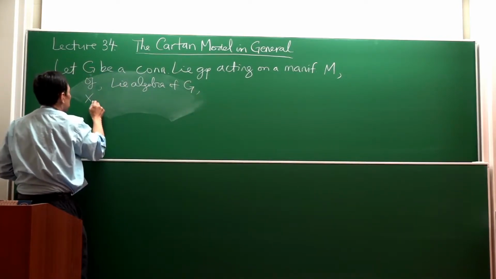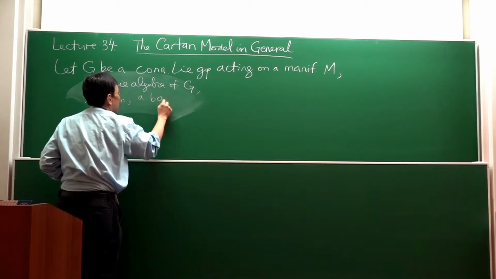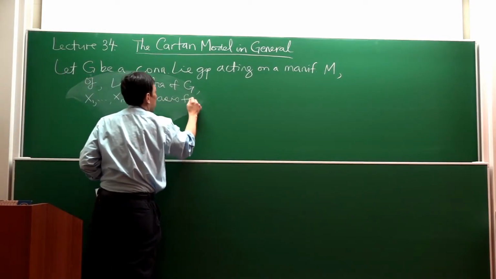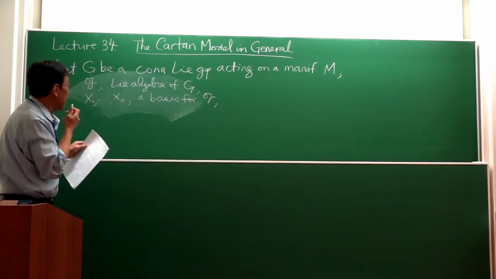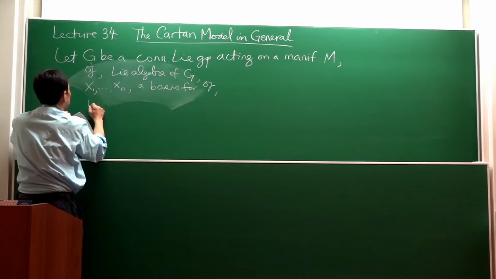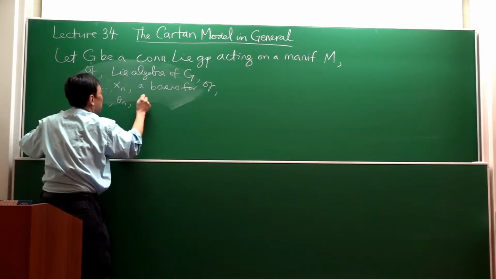And then we choose a basis for the Lie algebra. And it has a dual basis, theta 1 to theta n.